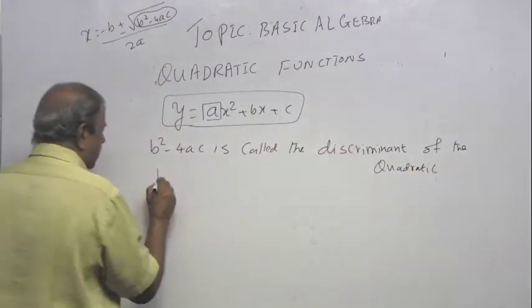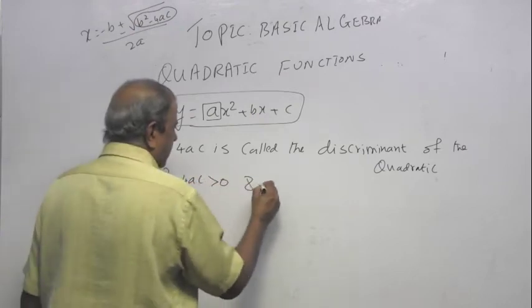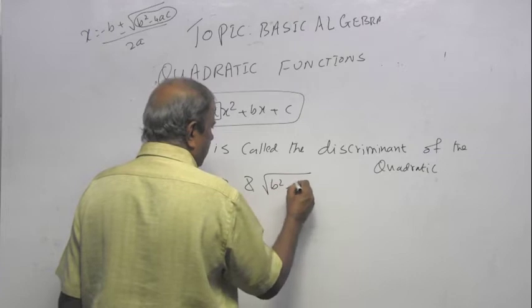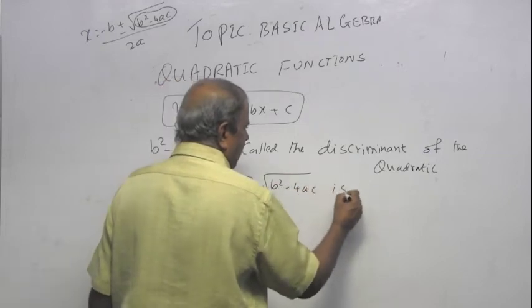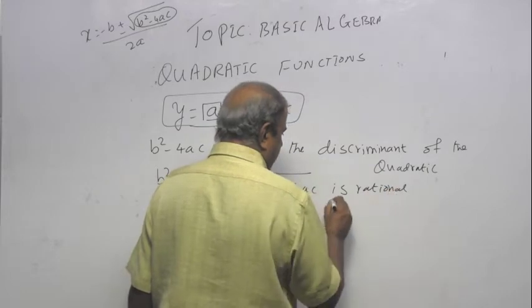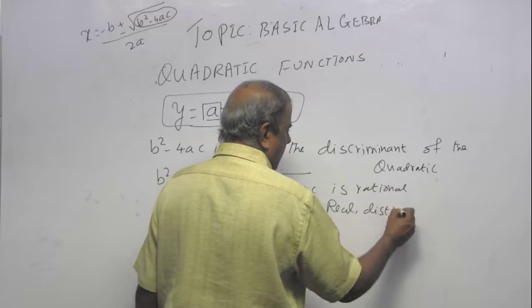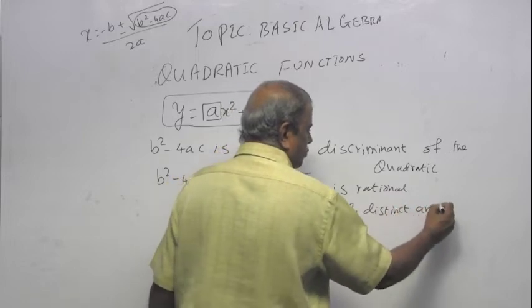B squared minus 4ac positive and root of b squared minus 4ac is rational. Then you get real, distinct and rational roots.